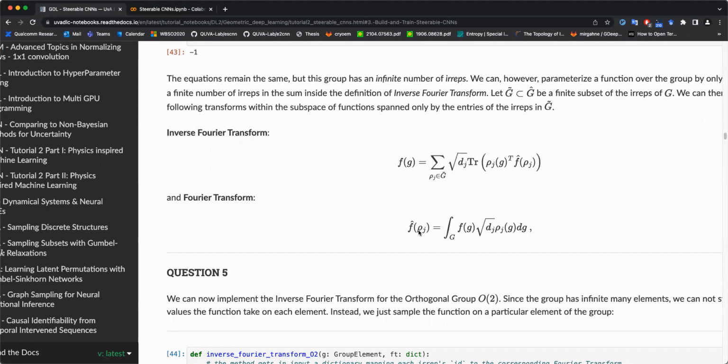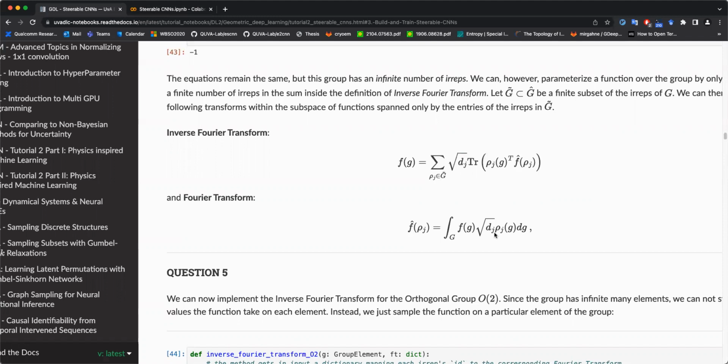Rather than manually storing a value for each data point in your dataset, which requires a number of parameters equal to the points in your dataset, you try to fit a smaller function, so a lower number of weights, by predefining only a few basis functions and then learning how to linearly combine them. That's the same idea, rather than using every possible IREP, which are going to be infinitely many, because the group is infinite dimensional.